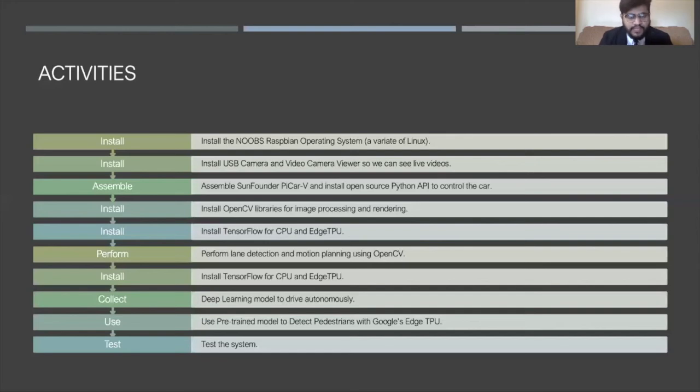The TensorFlow library has to be installed for CPU and also for TPU. As you might know, it also has a lot of challenges. I have mentioned those challenges in the report and how to overcome them. Then the algorithm, which I explained earlier, needs to be run on the Raspberry Pi using OpenCV. The code is provided in the zip folder.